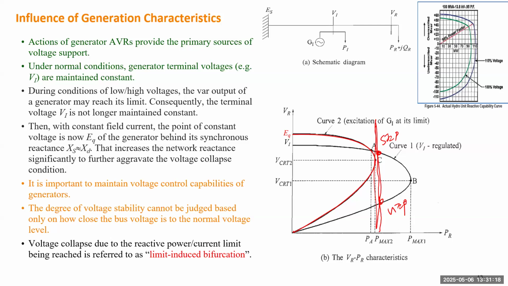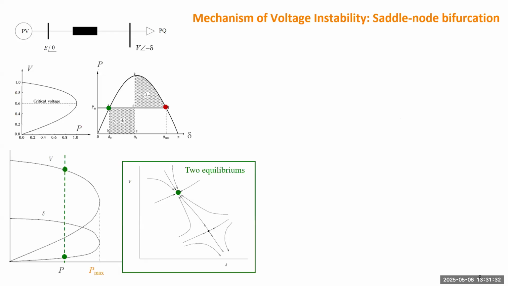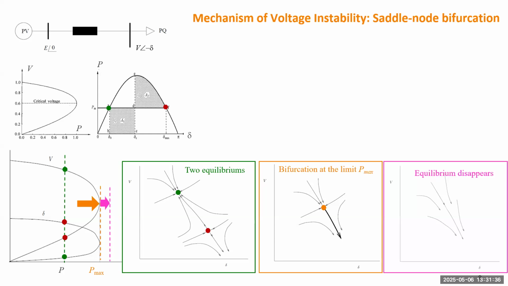But when it switches to the new PV curve, suddenly the stable equilibrium point disappears. So that's similar to the saddle node bifurcation. But for saddle node bifurcation, such changes happen continuously, right? But for this case, it can suddenly jump to a condition without this transition.